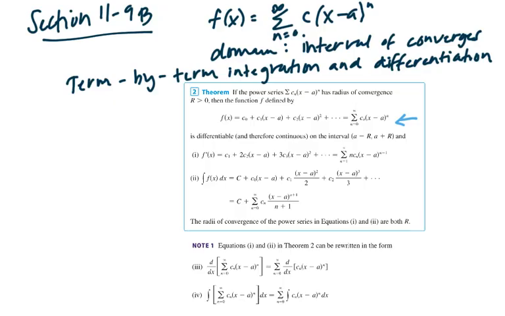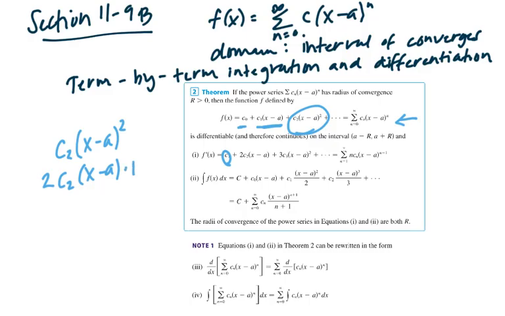Look at the fact that when we take the derivative, the constant is 0. The derivative of the next term is c1 times the derivative of x minus a, which is just the derivative of x, which is 1, so you get c1. Then you use the chain rule, and the derivative of c2 times x minus a quantity squared is 2c2 times x minus a times the derivative of x, which is 1.